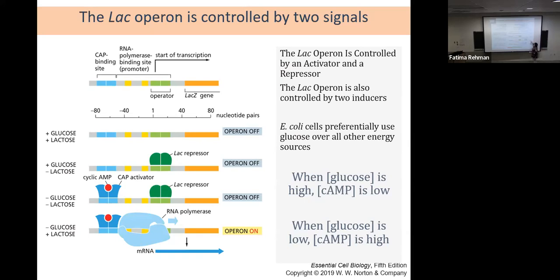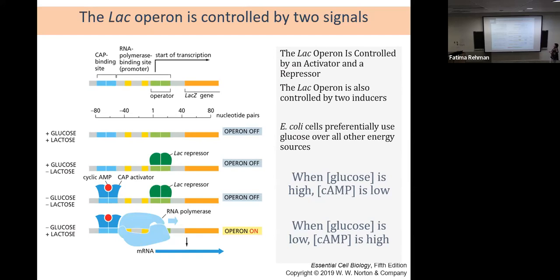As soon as the glucose levels go below a certain threshold, it activates the CAP activator protein because there is no more glucose to metabolize, so you'll have a lot of cyclic AMP around, and that cyclic AMP is going to bind to the CAP activator and recruit it to the CAP binding site. However, the operon is still going to be switched off because there is no lactose, so the lac repressor is still present and still keeping it shut off.